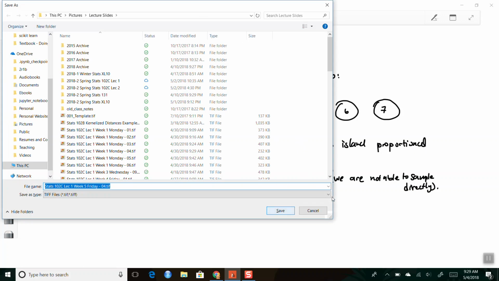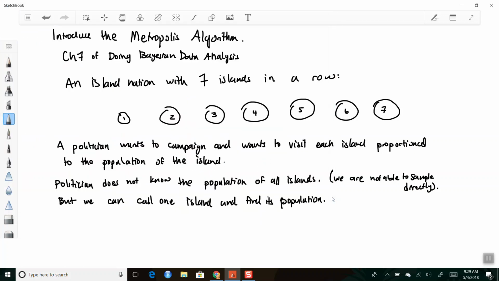And just to make things easy for us, the politician doesn't know this, but we, being all-knowing, know the populations, okay? All right, and the populations are, Island 1 has 1 million, Island 2 has 2 million, Island 3 has 3 million, so on and so forth, up through Island 7 has 7 million, okay?